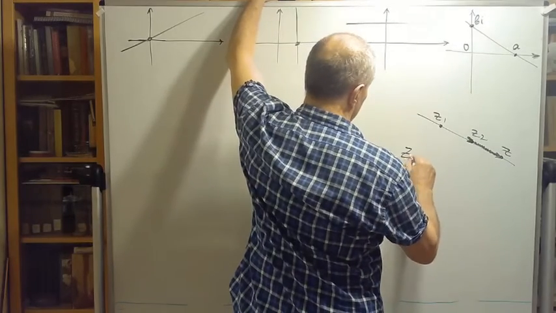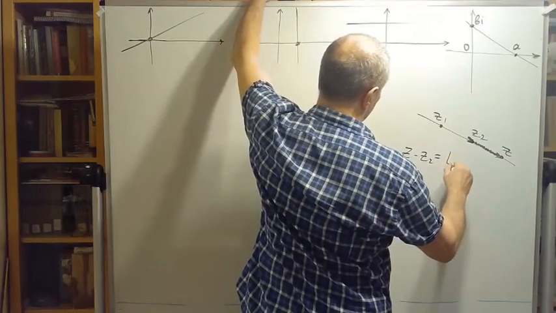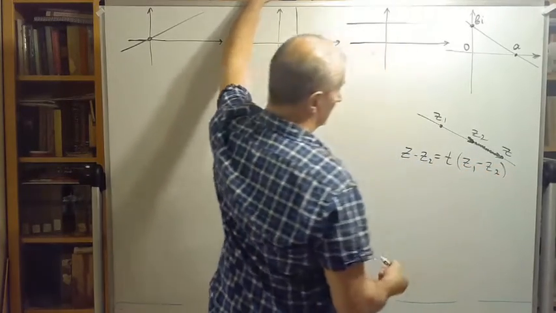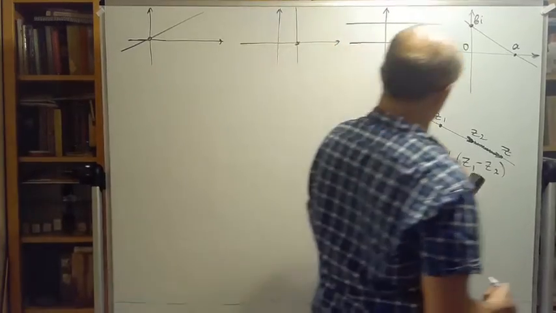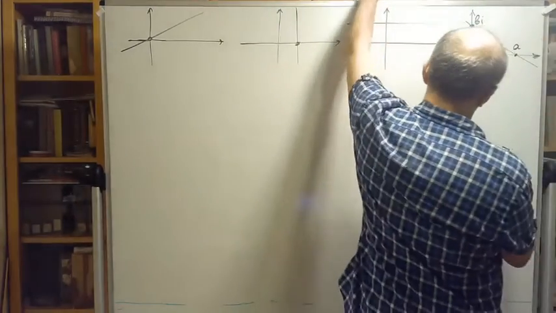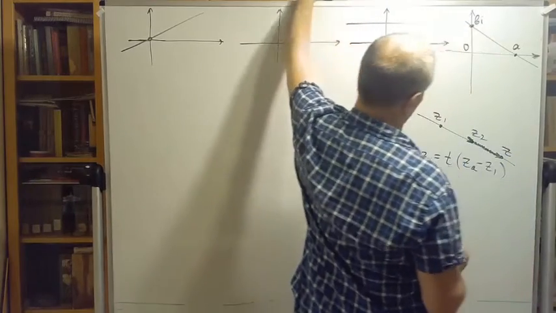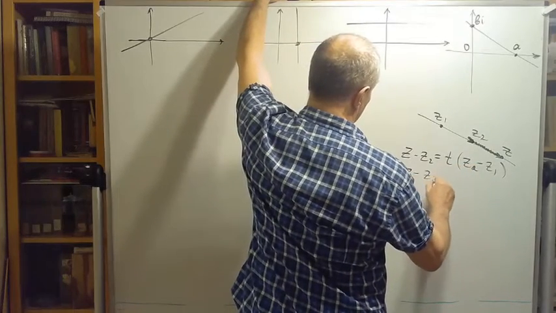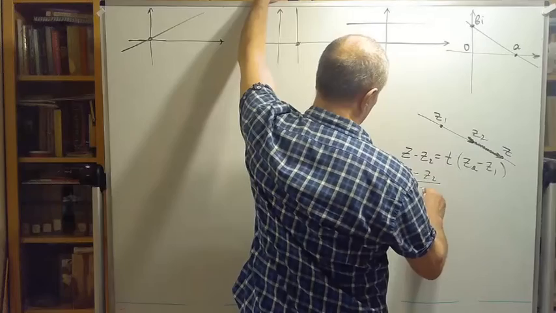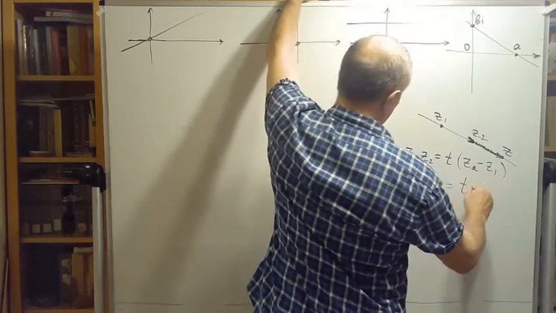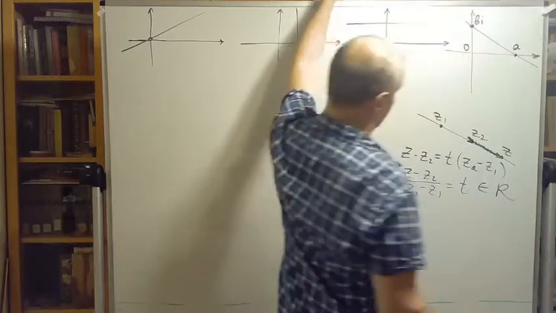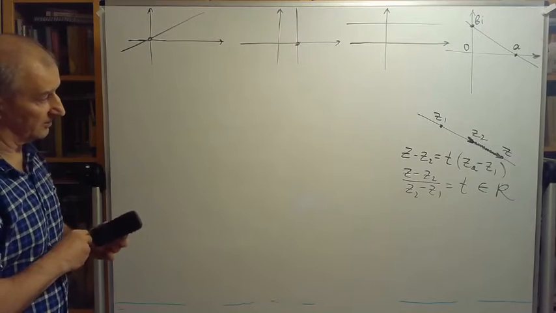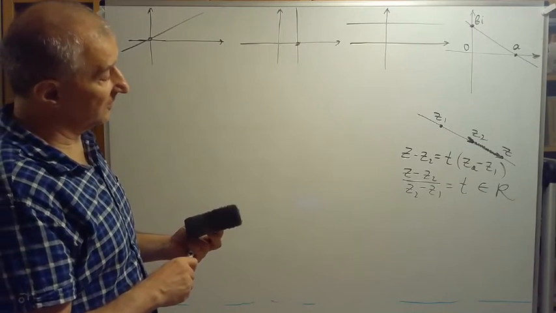So Z minus Z2 is some real number multiplied by Z1 minus Z2, or in this case Z2 minus Z1. Or we can divide by Z2 minus Z1: Z minus Z2 over Z2 minus Z1 is some real number T, a number that belongs to the set of real numbers.